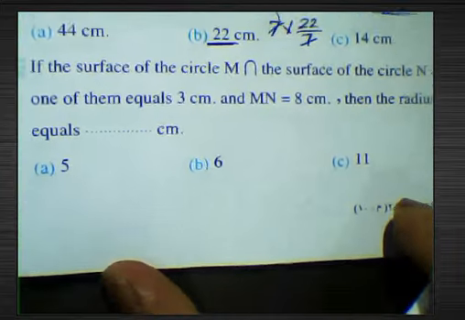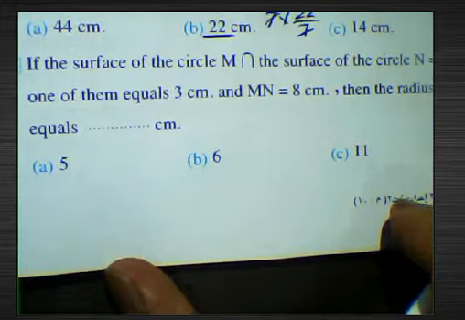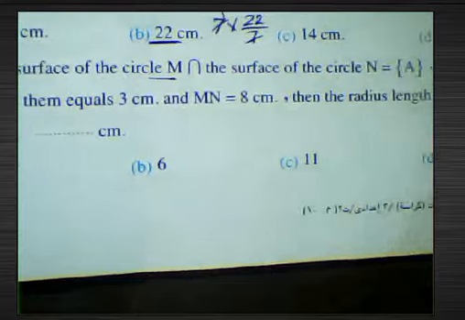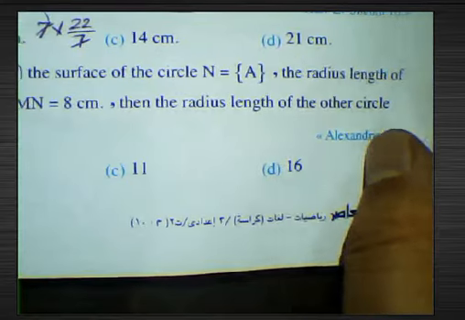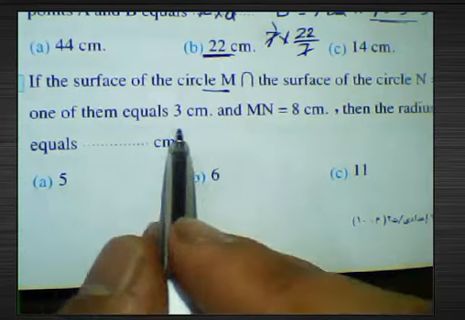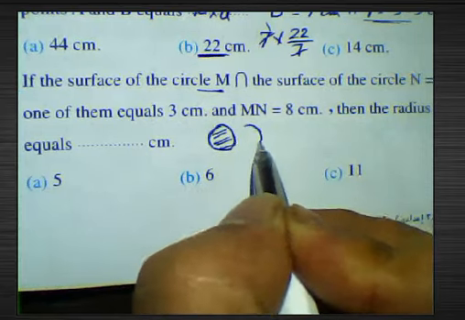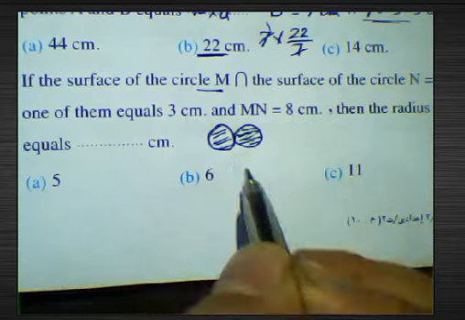Question number 8. If the surface of the circle M intersects the surface of circle N at A, then the radius length of one of them equals 3 cm. Look at here. Surface of the circle and surface of the circle here.